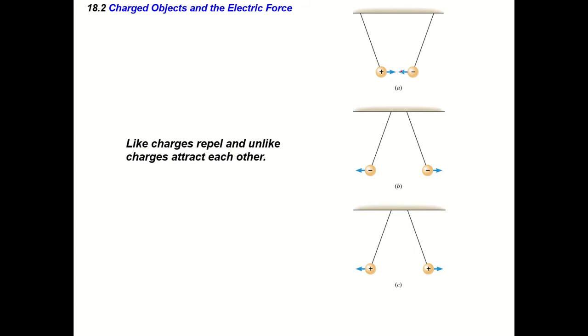Okay, so this is an example of opposite, unlike charges. So unlike charges attract, so they attract each other. But for like charges, like for example negative and negative, like charges repel.